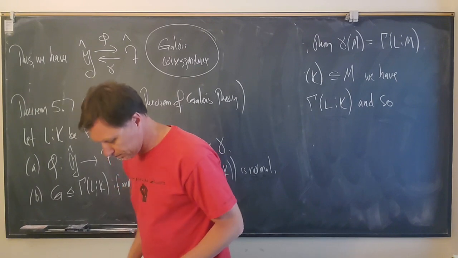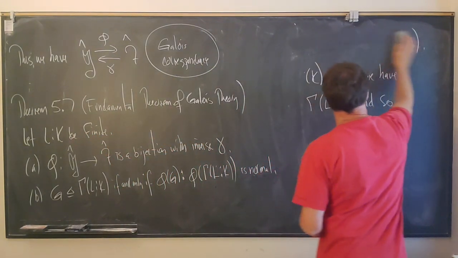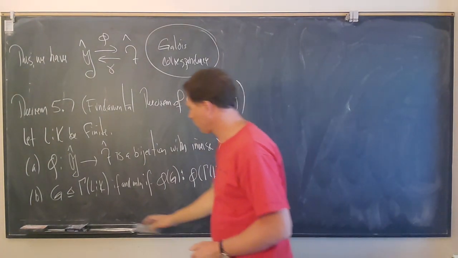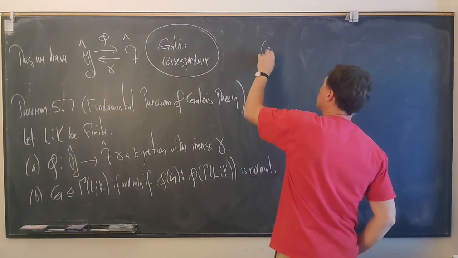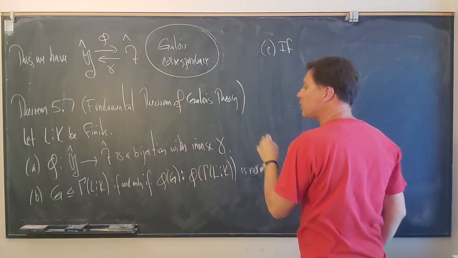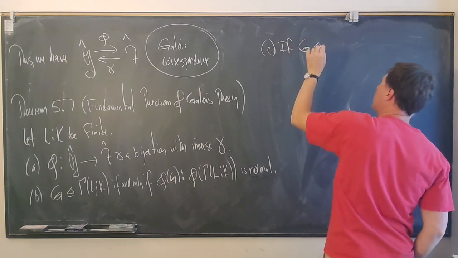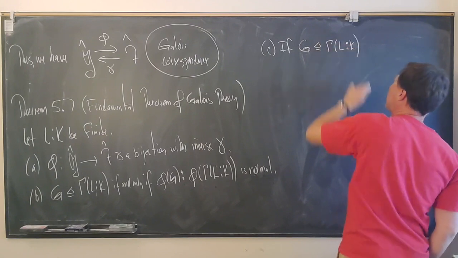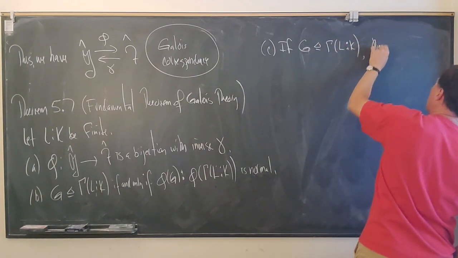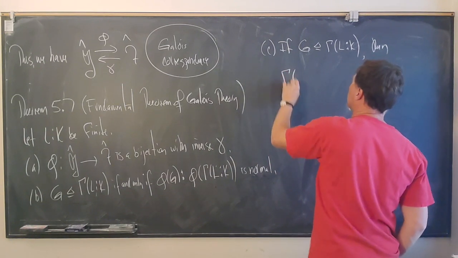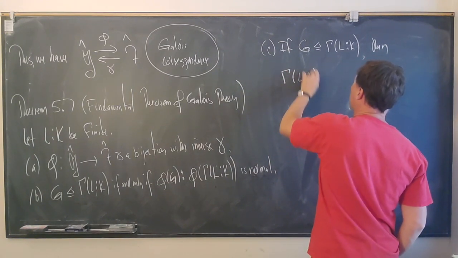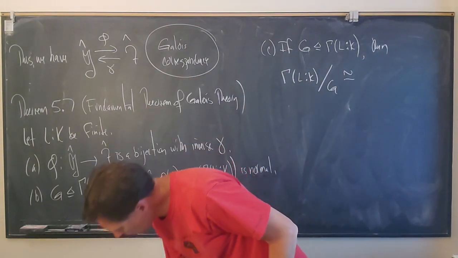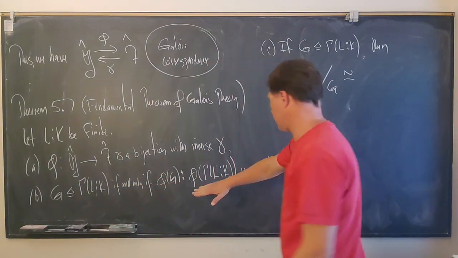And then part C: if G is normal, then we can take a quotient, and so Gamma of L over K mod G is isomorphic to the Galois group of this extension right here.